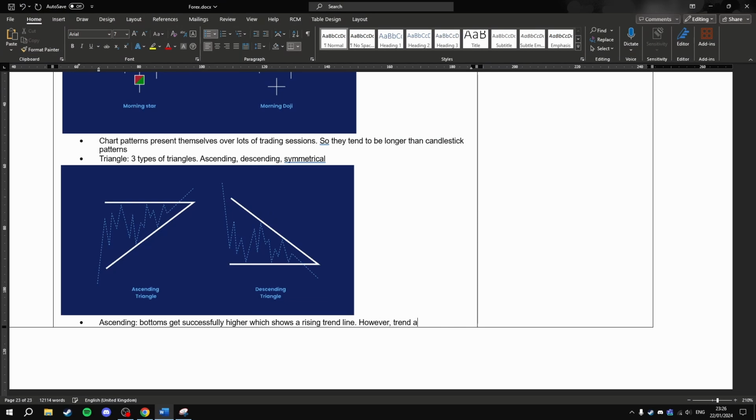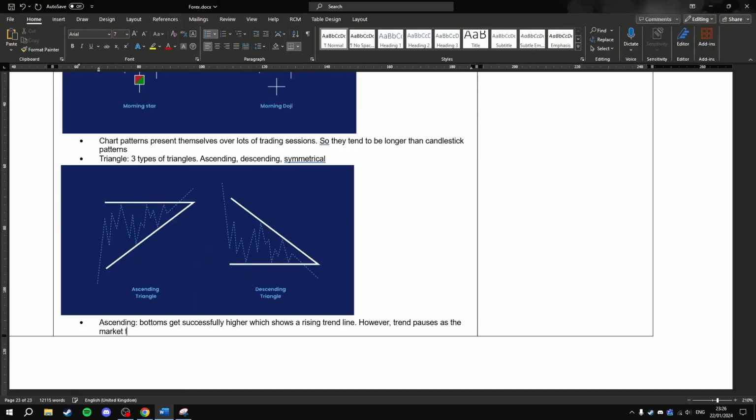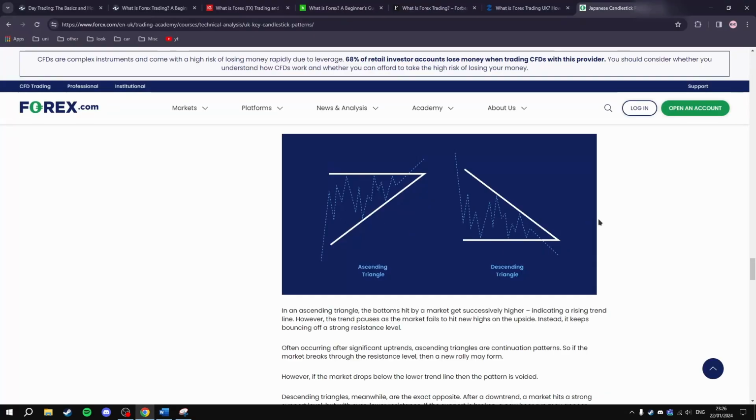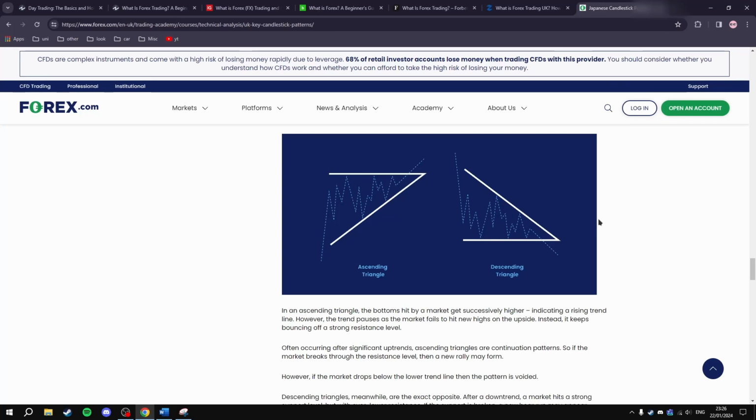However, the trend pauses as the market fails to hit new highs on the upside. Instead, it keeps bouncing off a strong resistance level, so it keeps going boing, boing, boing.